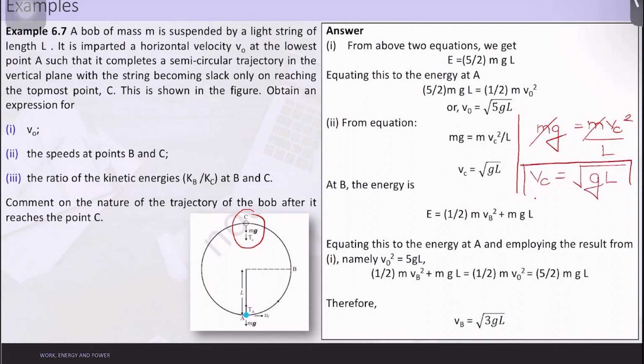You can see very clearly that the velocity at this location is under root 5gl. On reaching this point, it is reduced to under root of gl. The velocity keeps on reducing, but please remember very clearly, the acceleration is always constant. That is the only reason why we can directly apply the concept of uniform circular motion.